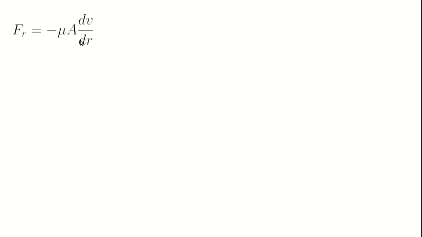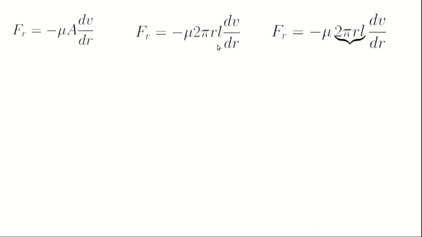We further establish that A is the area in contact with the fluid, and it is 2 pi rL, the curved surface area of the cylinder. This is the part that is in contact with the fluid.